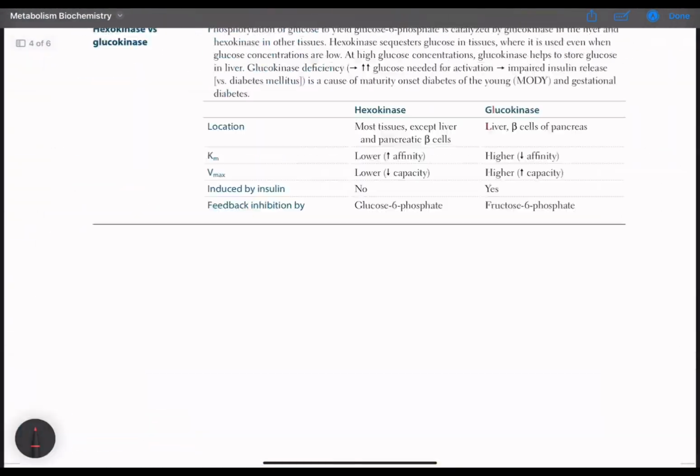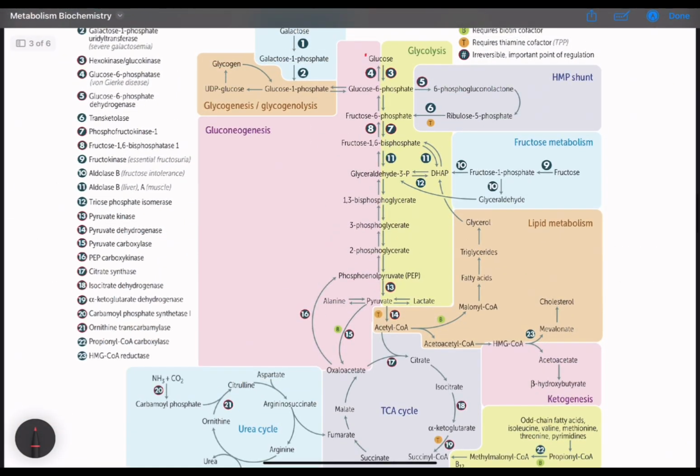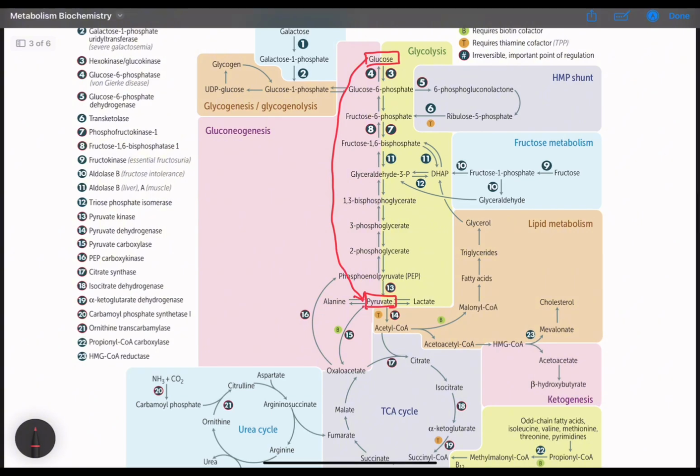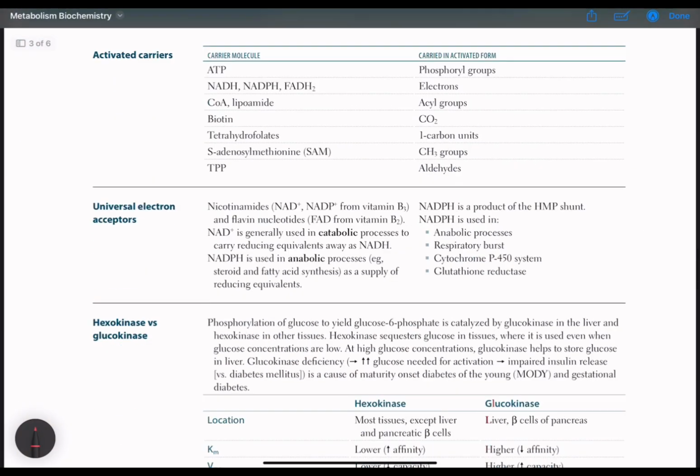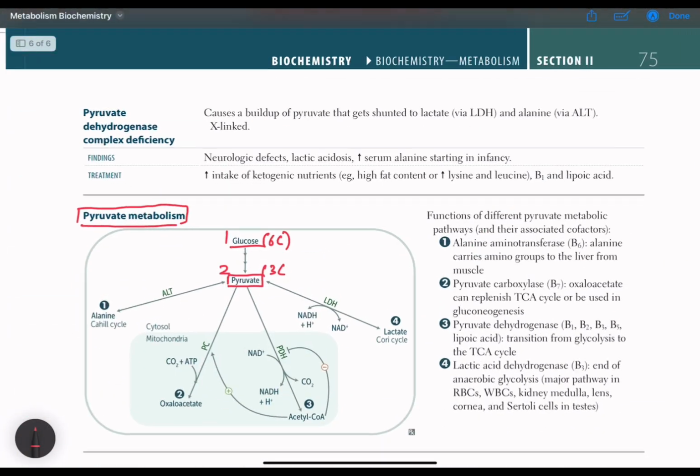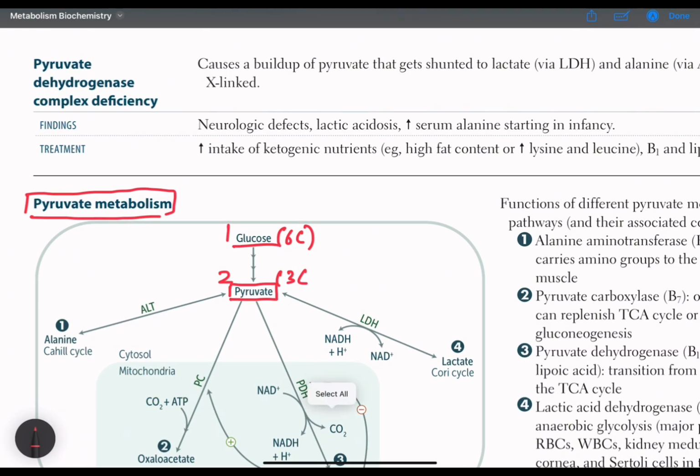While doing so, during the conversion of 1,3-bisphosphoglycerate into 3-phosphoglycerate, we have conversion of NAD into NADH. So during the conversion of glucose into pyruvate, we have conversion of NAD into NADH.